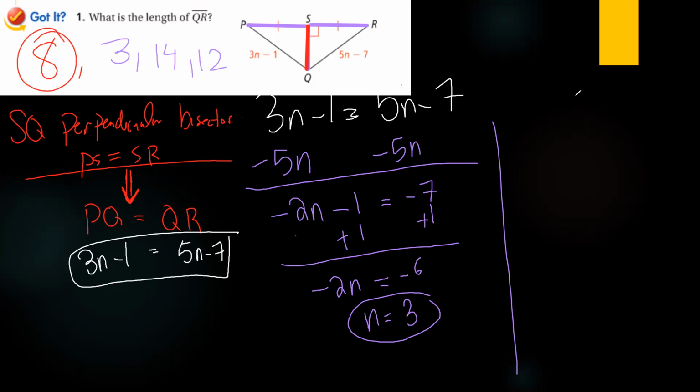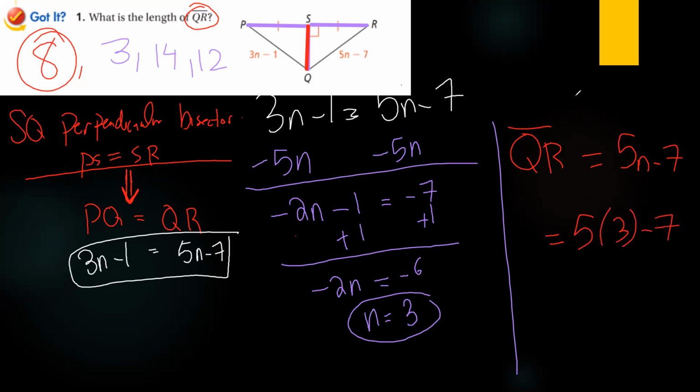So don't use n equals 3. Read the question. If I ask you what is the value of n, you tell me it's 3. But if I ask you what is the length of the line segment QR, since QR is 5n minus 7, here you will evaluate 15 minus 7, which is 8.